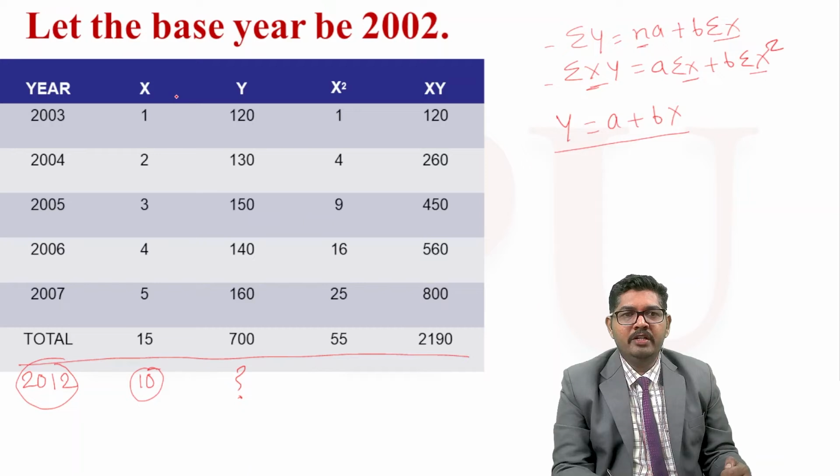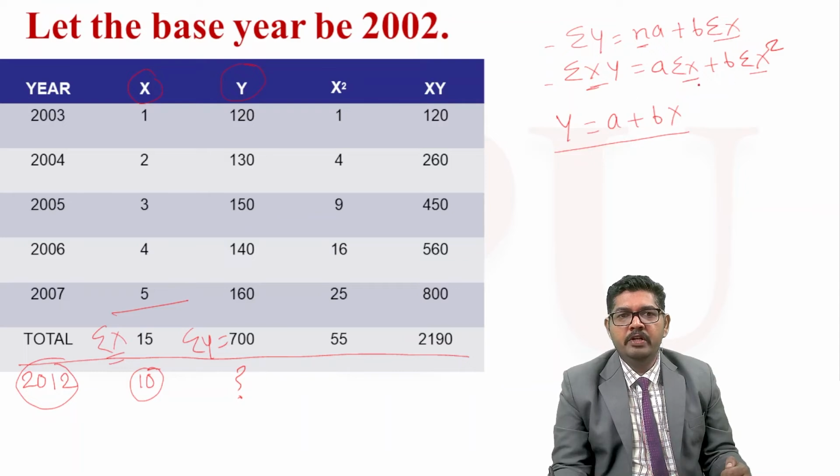So what we have done here, we have x values, we have y values. So summation of x here is 15, 1 plus 2 plus 3 plus 4 plus 5. What else is required? Summation of y: 120 plus 130 plus 150 plus 140 plus 160 is 700.